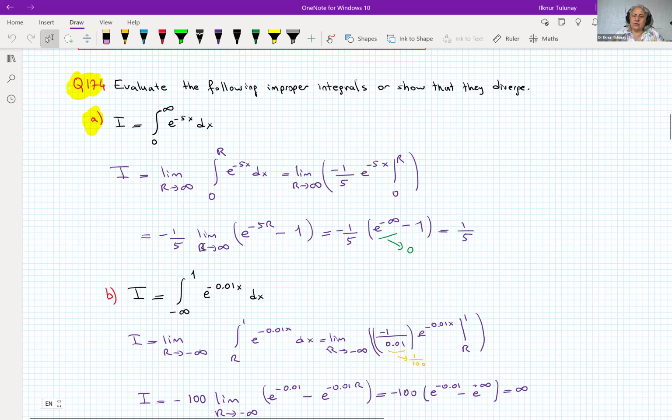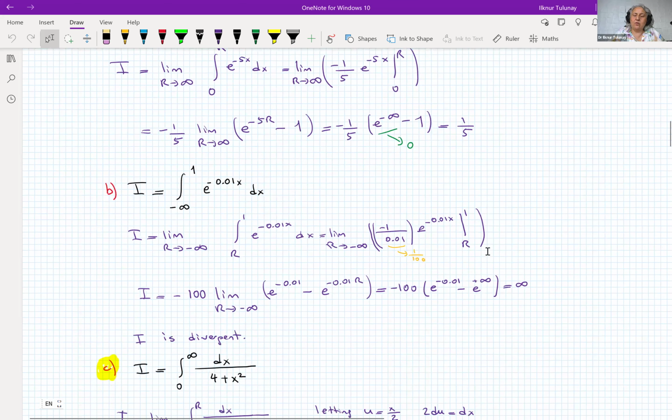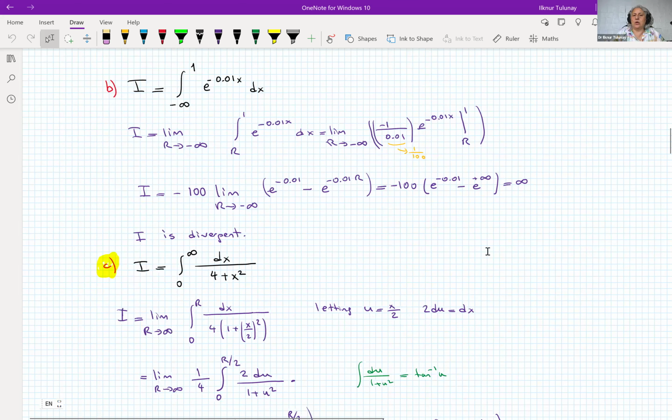And when r goes to infinity, this will be 0 because e to the minus infinity is 0. And that is 1 because e to the 0 is 1. We have minus 1, but this is 0 and this is minus 1, so the result will be 1 over 5.